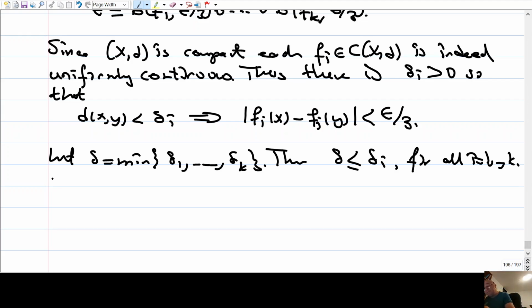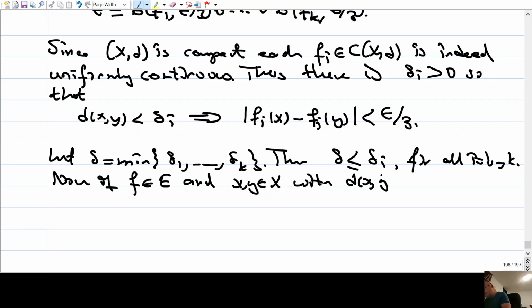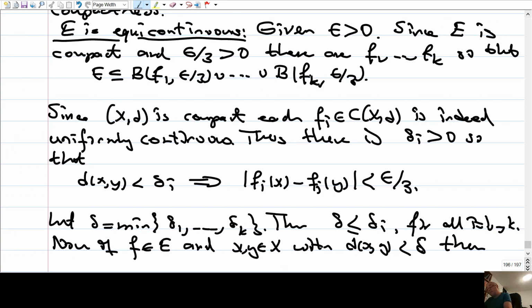Now, if f is in E and x, y in X with d(x,y) less than delta, then I have what? Well, since f is in E, f is in one of these balls, right?